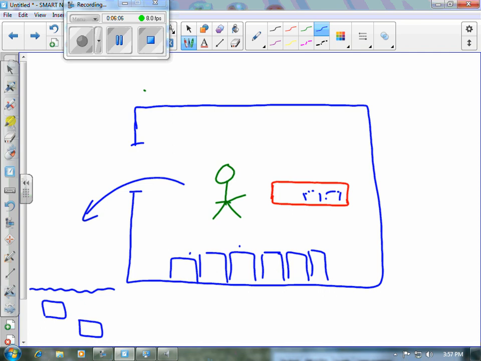So we can say the number of blocks, B, equals the number of blocks on the floor plus the number of blocks underneath the bed plus the number of blocks in the lake. As long as we account for blocks that are thrown out the window, we're okay. We can have things leave our system and come in just as long as we take care of it.